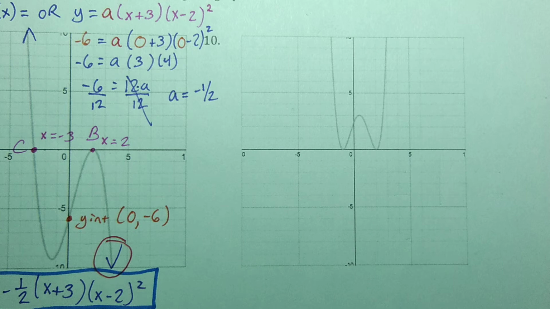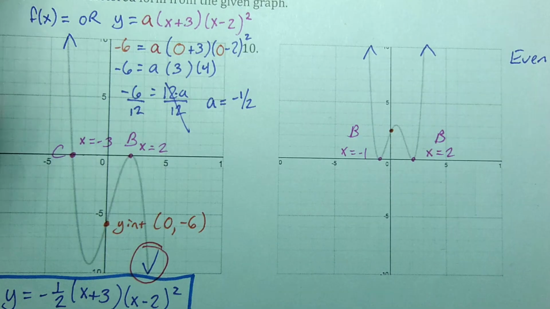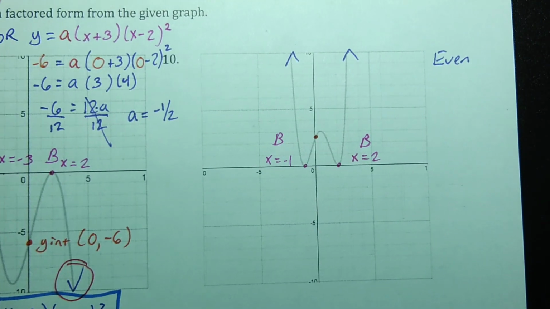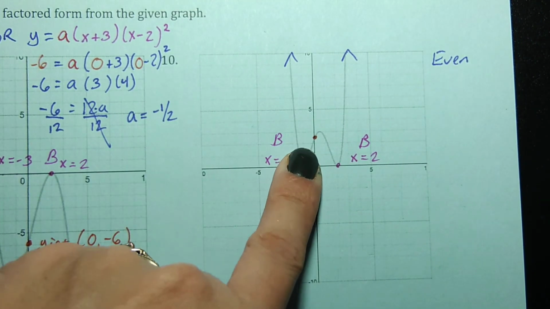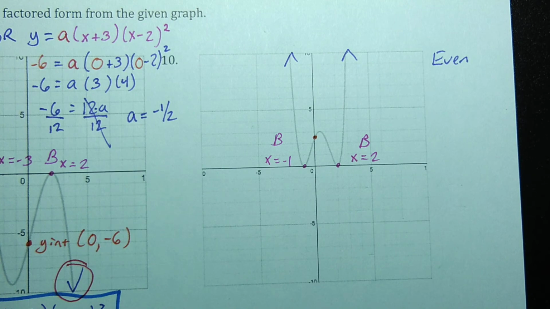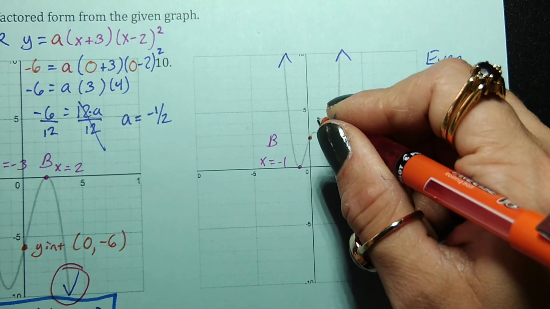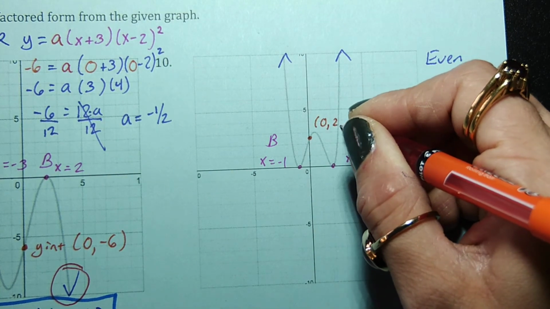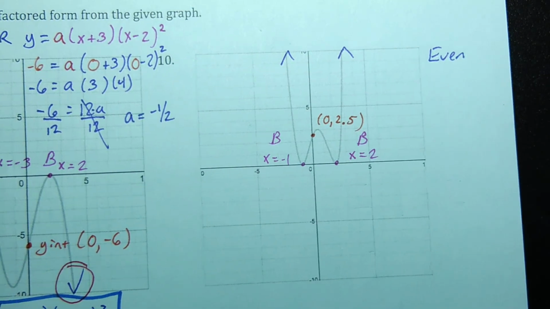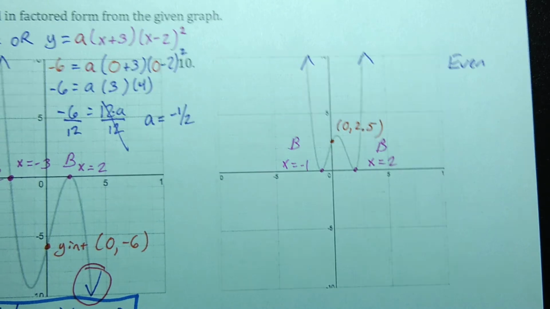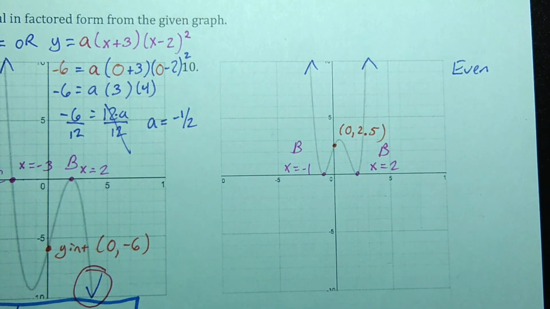Ooh, folks, for the y-intercept for this one, this graph is so lightly drawn, but does that point look like it's on the grid? We're going to say that that y-intercept is 0, 2.5. You could use 5/2, but I say just work with the decimals.